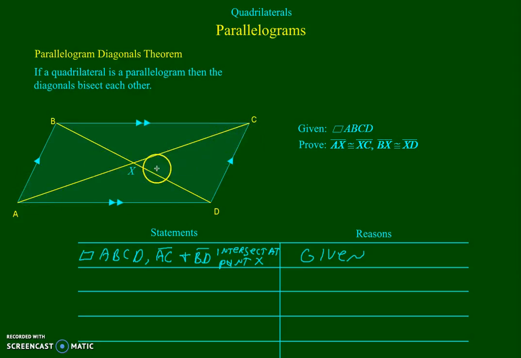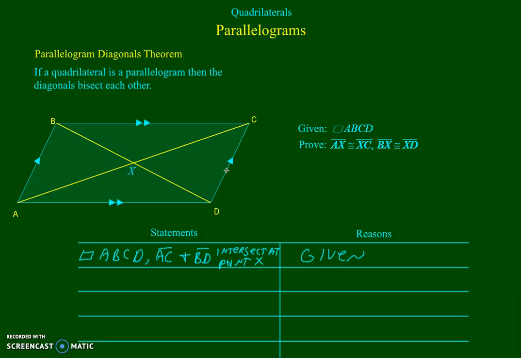We have vertical angles, and we know these sides are congruent by the parallelogram opposite sides theorem. Remember that every time we've proved a theorem, we can then use it in another theorem. So that's the general strategy for our proof. So let's go ahead and get started with this.